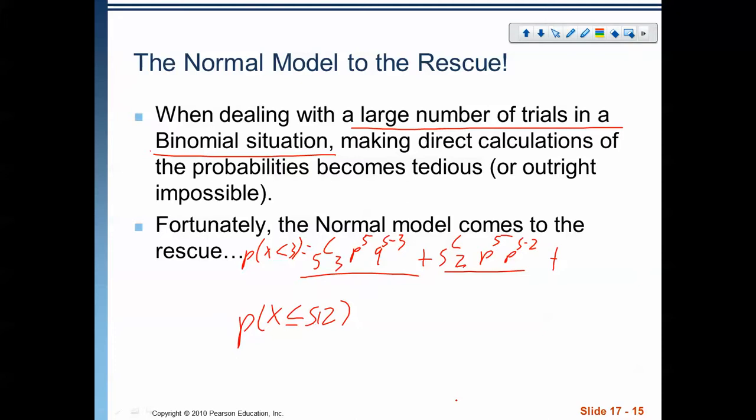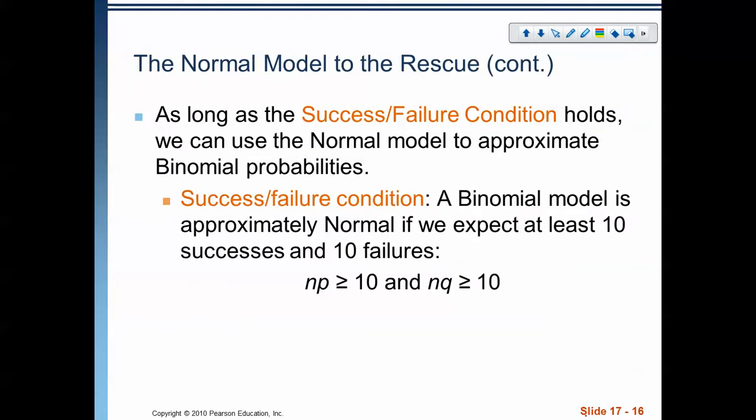Fortunately for us, when we have such a large number of trials, instead of doing this with a binomial model, we can model it with a normal model. So, as long as the success-fail condition holds, we can use the normal model to approximate the binomial probabilities.